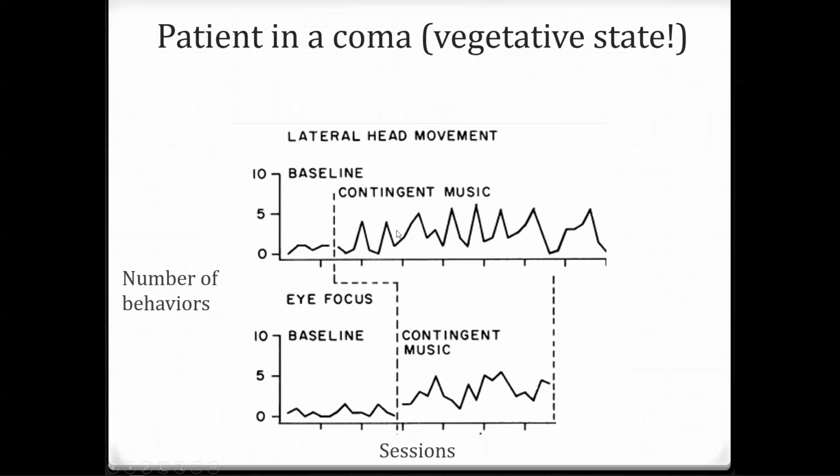And then the experimental condition is when they provided brief periods of music if they were to move their head or to engage in eye focus. And what you could see is when they made music contingent on moving the head, they saw increases in head movement. And then when they added moving the eyes, they saw increases in eye movement, suggesting that even an individual that was in a coma is still able to be operantly conditioned.